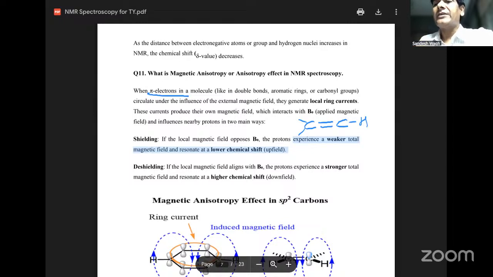That induced extra magnetic field will push the proton in the same direction as the applied magnetic field.